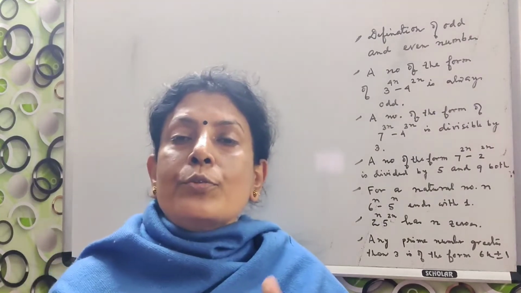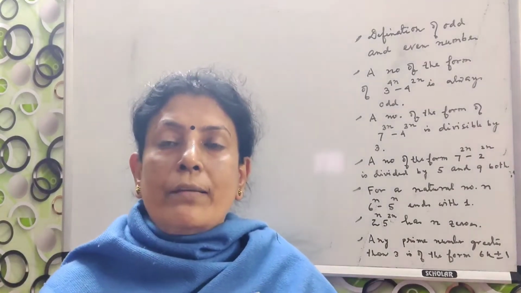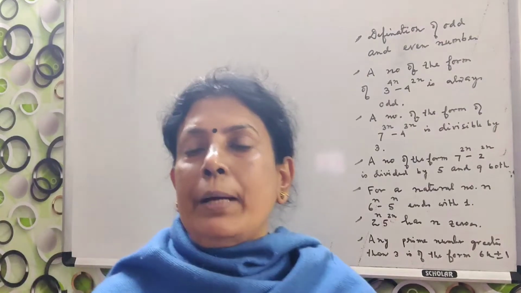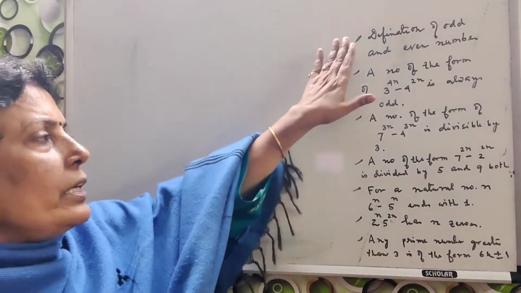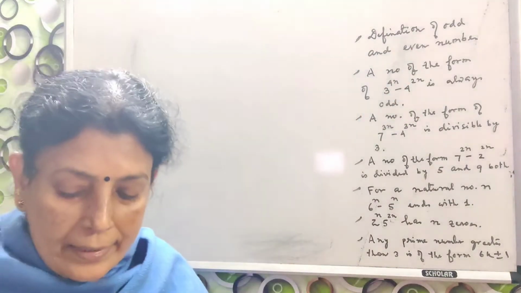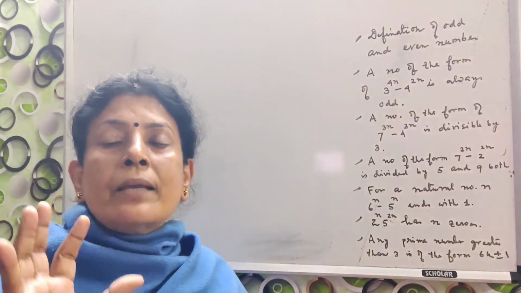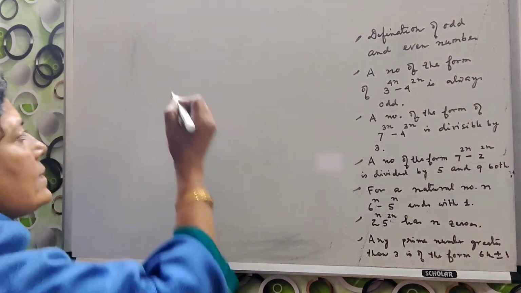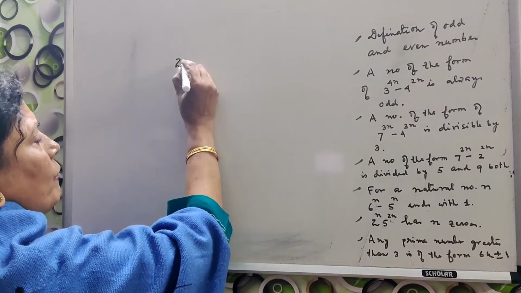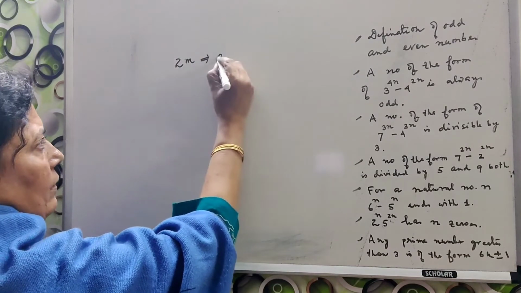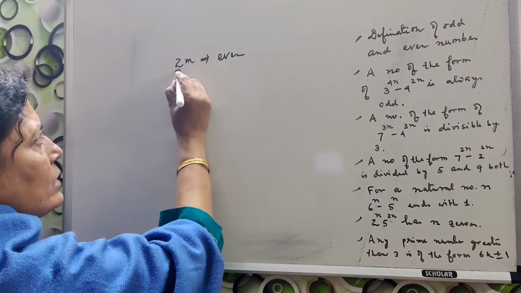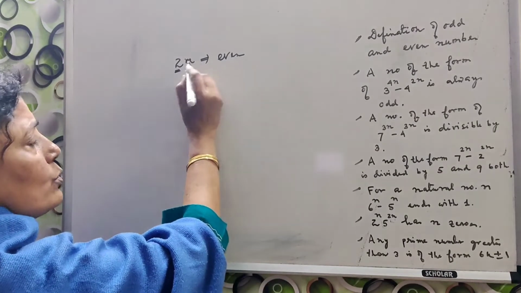Now we have to go through application based questions of Euclid's division lemma. First we have to know the definition of odd and even numbers by using Euclid's division lemma. We can say any number of the form 2m is even. Why? Because when divided by 2, it leaves no remainder.